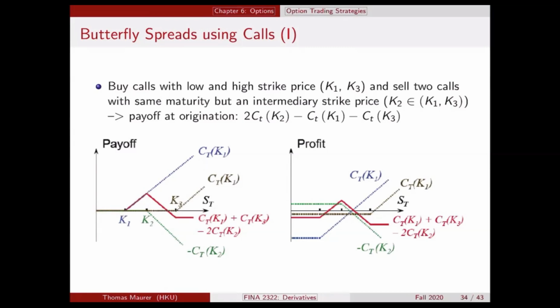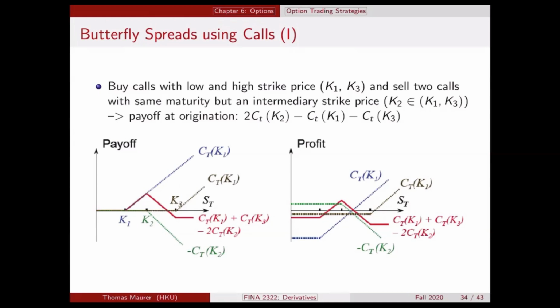Notice for the profit diagram, buying the call option with a low strike price is expensive. Buying the call option with a high strike price is relatively cheap. And the money you get from short selling these two call options at intermediate strike prices has some price somewhere between the other two call options.